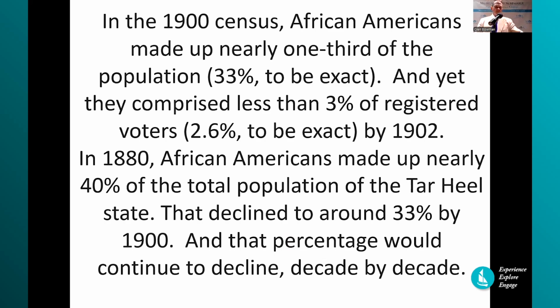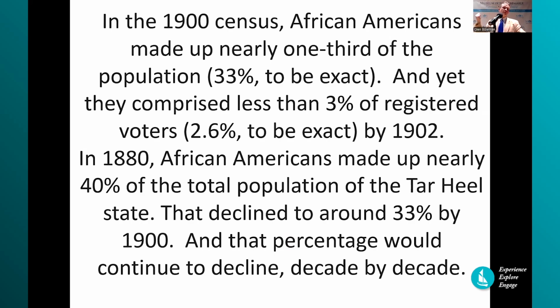In the 1900 census, African Americans made up nearly 1/3 of the population, and yet they comprised less than 3%, about 2.6% of the registered voting list. In 1880, they made up nearly 2 out of 5 of the total population. Now, that was down to about 1 out of 3 because many Blacks decided that they couldn't get a fair shake here in North Carolina.